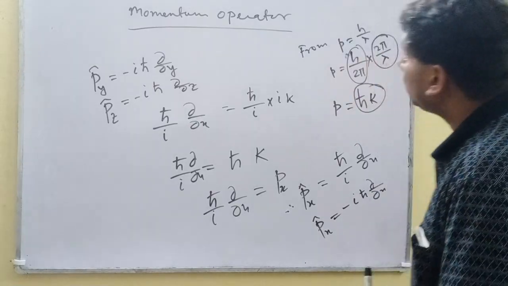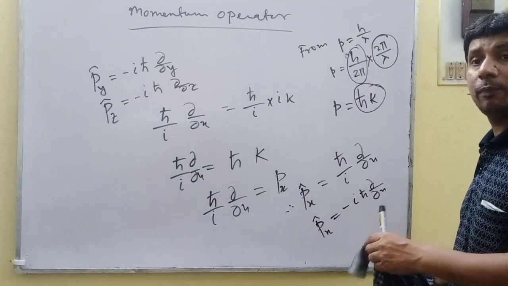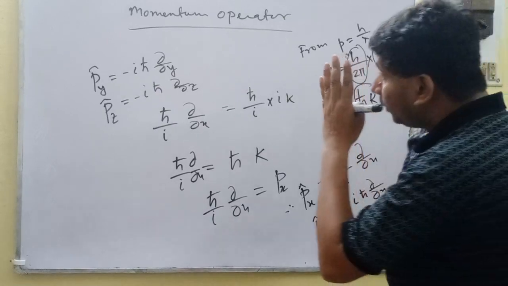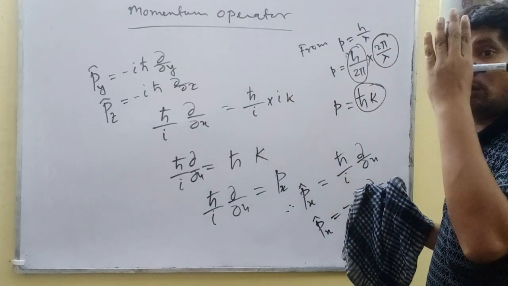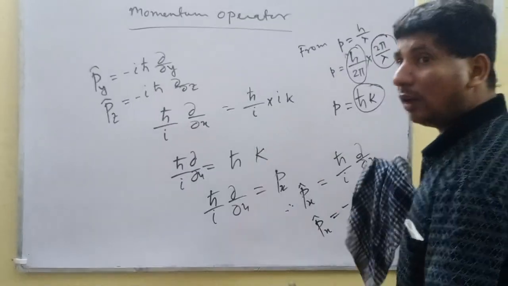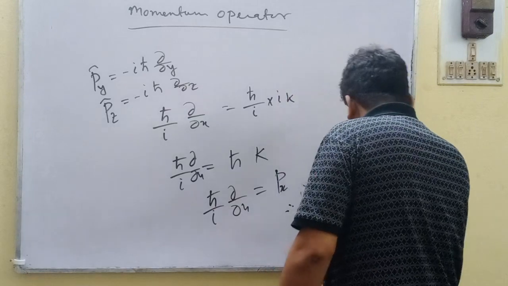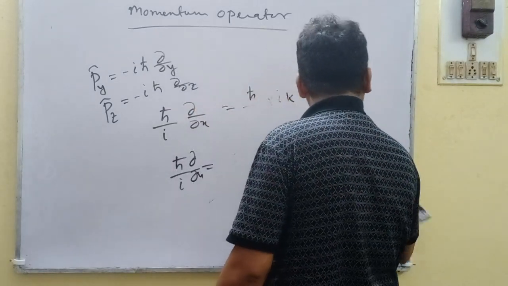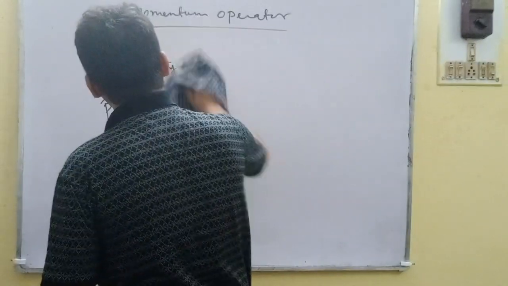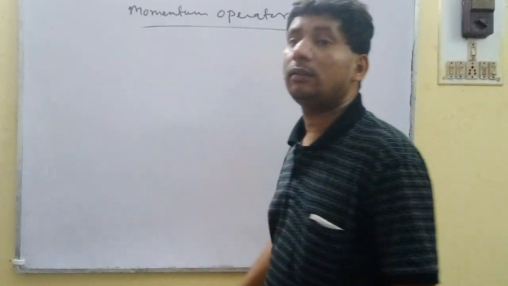Hence this is actually the momentum operator, and we can use it to get the expectation value of momentum, and to calculate some real value of momentum of some dynamical particle, okay.